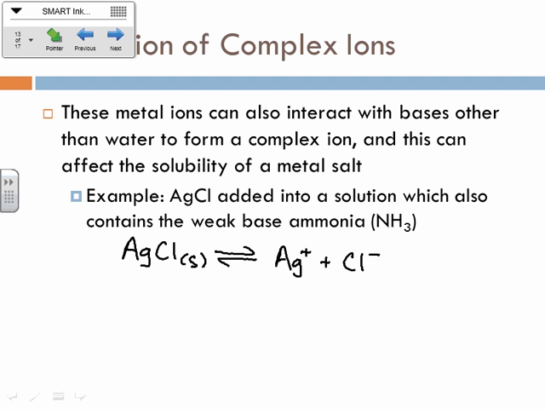Now, if there's some ammonia in that solution as well, what might the ammonia react with? Okay, remember, ammonia is actually a good ligand. You guys remember talking about that? It's been a while, but a good ligand has a lone pair of electrons on it. Remember, this is the Lewis acid, Lewis base stuff that we talked about.